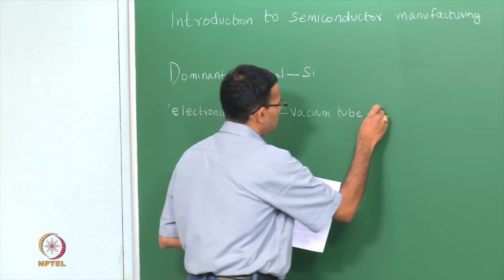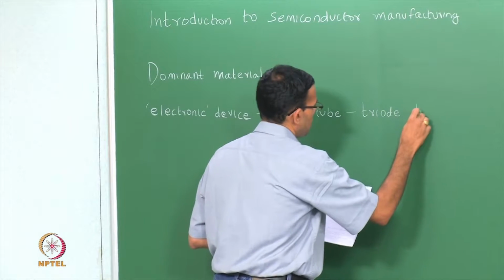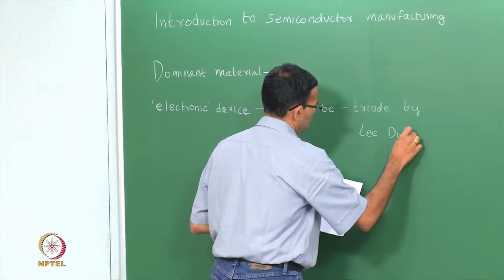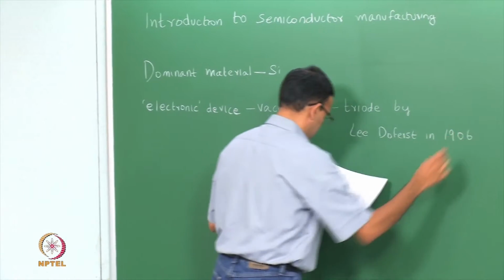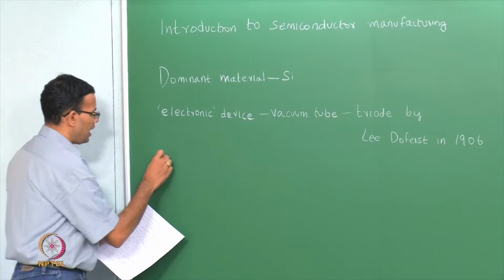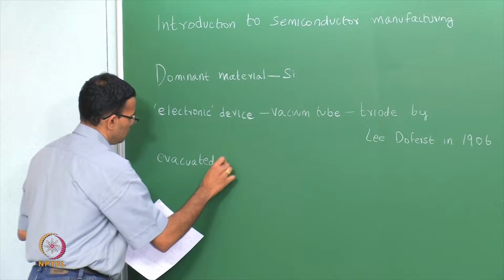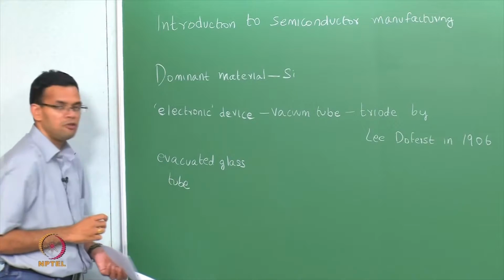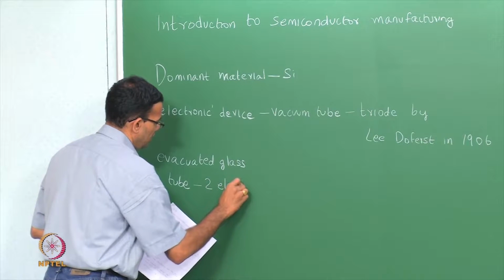The triode, which is one form of vacuum tube, was invented by Lee De Forest in 1906. The vacuum tube consists of an evacuated glass tube. There are usually two electrodes, one acts as the anode and the other acts as the cathode.